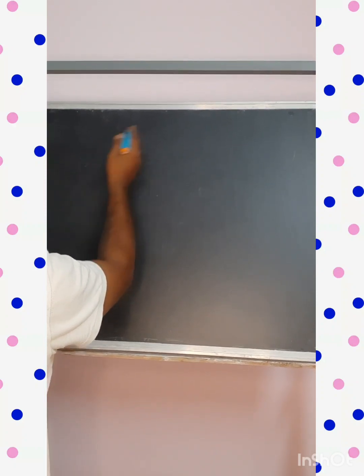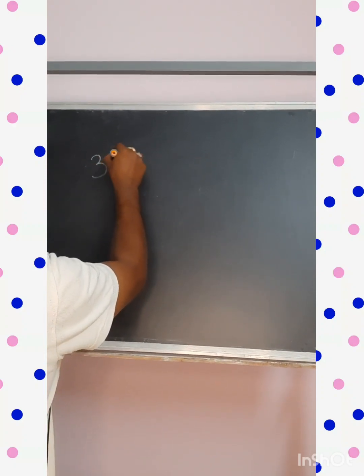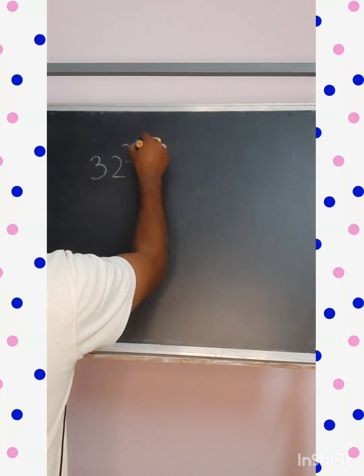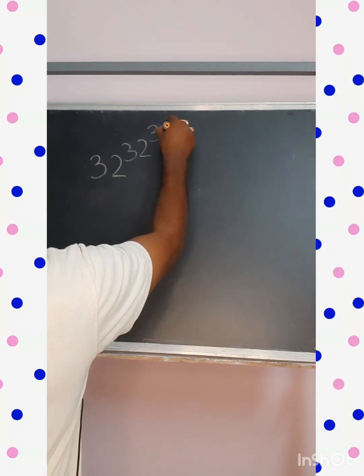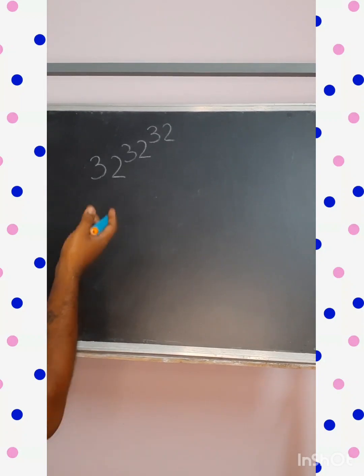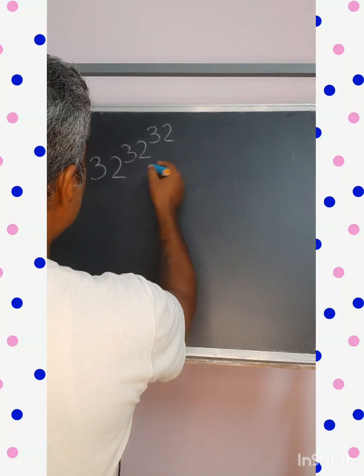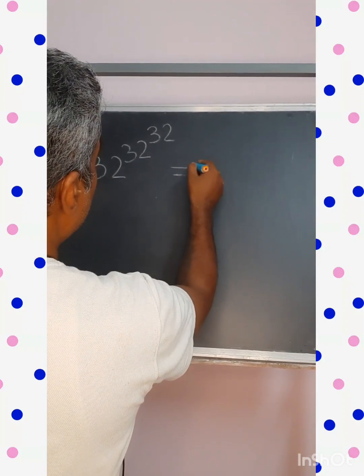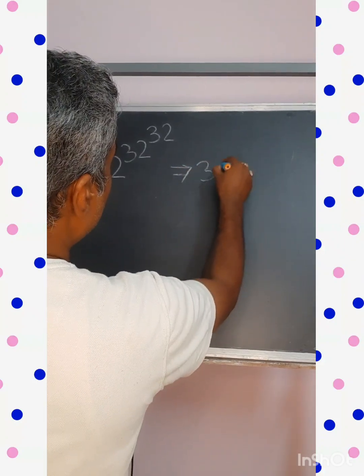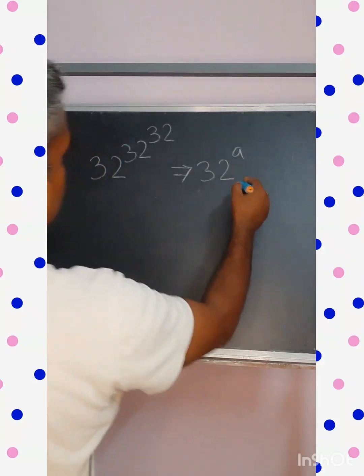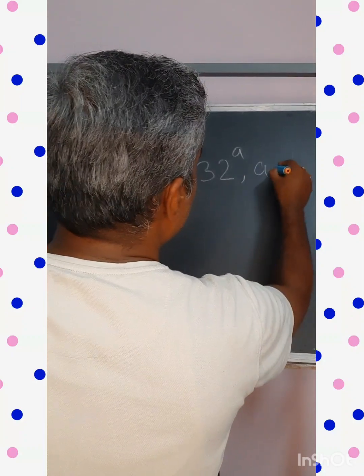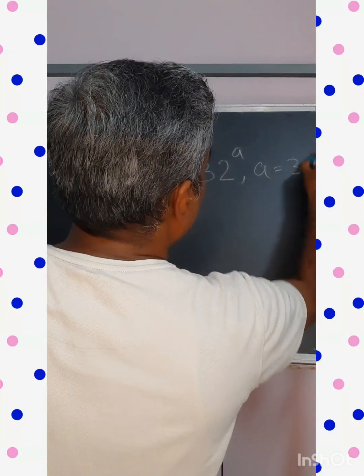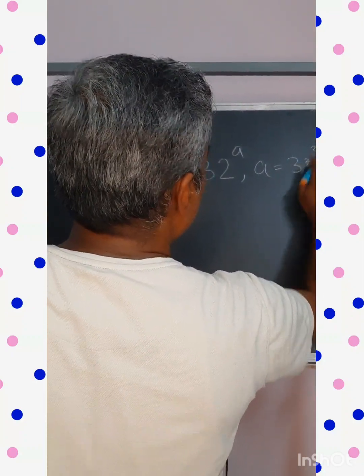With this kind of example, let's say I am taking the first example, 32 to the power 32 to the power 32. Just follow me step by step in what I am doing. So first this number I will represent as 32 power a. So here a is the same 32 power 32 power 32.